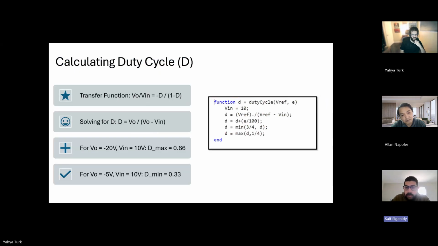And we can compute it with the equation we have here, the output voltage over the output voltage minus the input voltage. This is the duty ratio if we solved for D from the previous transfer function, and we have a negative V out because obviously this is an inverting converter.